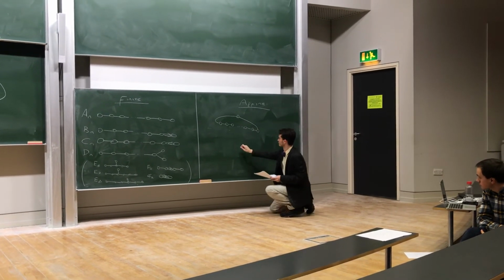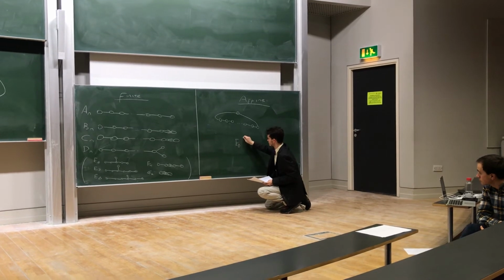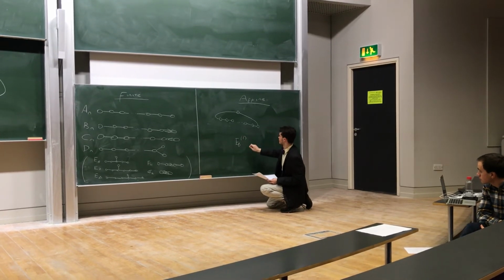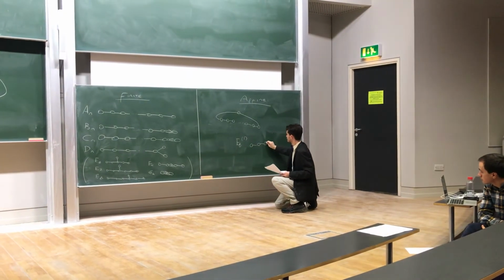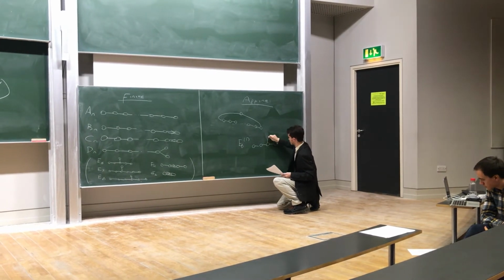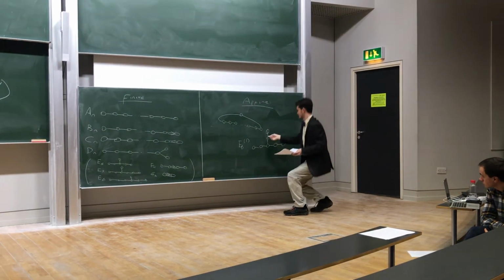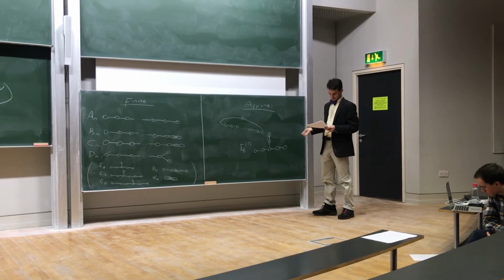So for example, E6 goes to an E6-1, where that split off node in the middle gets another one added onto it.